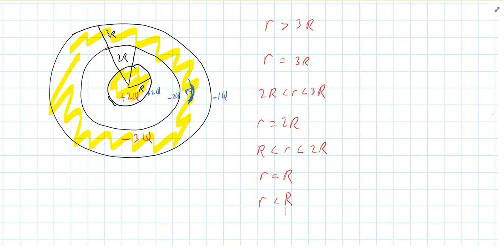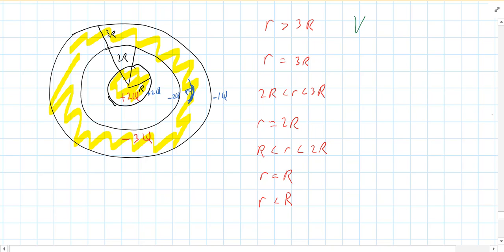Now the good part is you don't actually have to do a whole lot of work here. Remember, if it's a spherical charge, you can basically pretend it's a point charge. So if you're outside this whole thing, it's like one big charge that has a total charge of what? Negative 1Q.